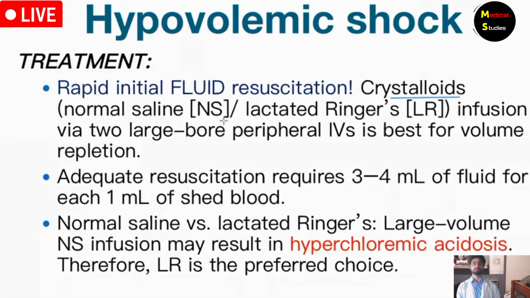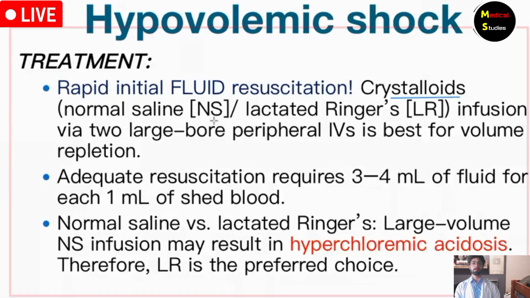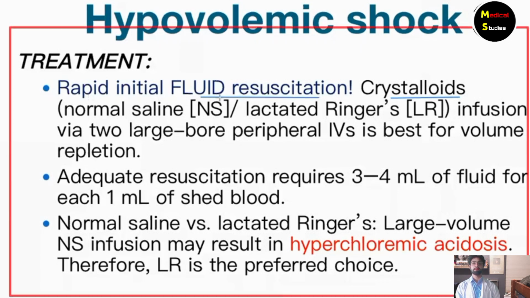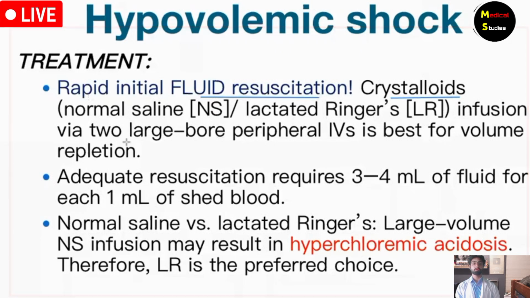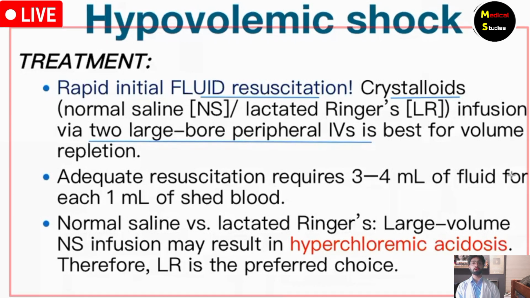And in the beginning, we need to give this fluid very rapidly. Rapid resuscitation is done by two large bore peripheral IVs, which is best for volume repletion. It is usually both upper limbs in the antecubital fossa. Let me tell you an important point.